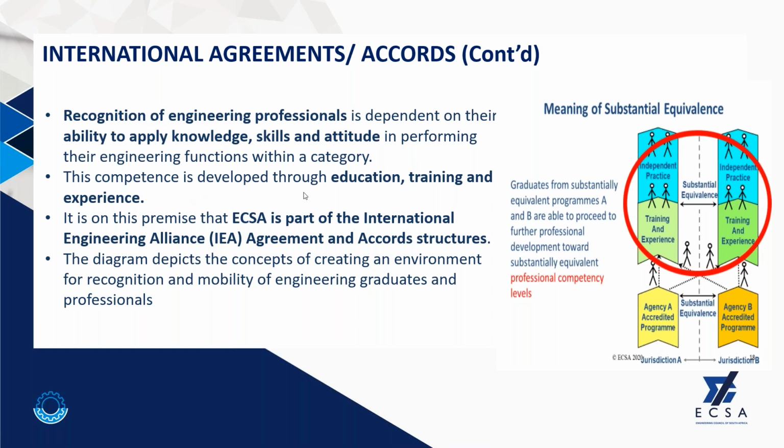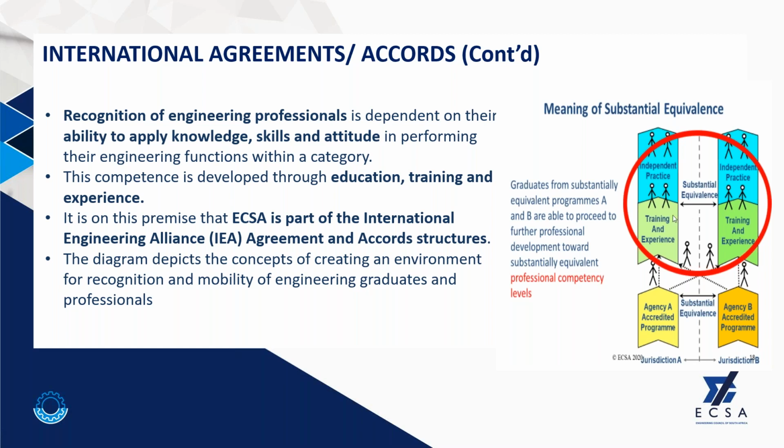Competency is developed through education, training and experience, and that goes to all the categories I flagged previously. It is on the premise that ECSA is part of the International Engineering Alliance Agreement and Accords structures.